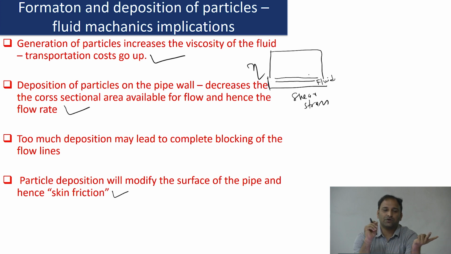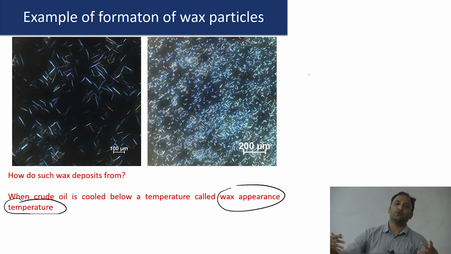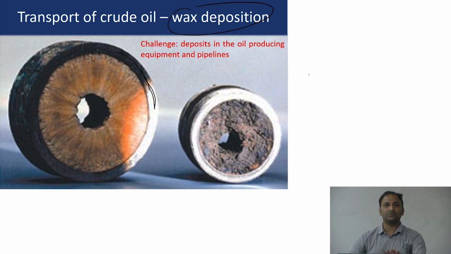There are two aspects. In the example that I gave you, it so happened that in the initial stages of wax crystal formation, when these things start appearing, they are initially nicely dispersed in the fluid. In that context, I have a homogeneous fluid particle system, right? What you are seeing here in terms of deposition happens at a little later stage.